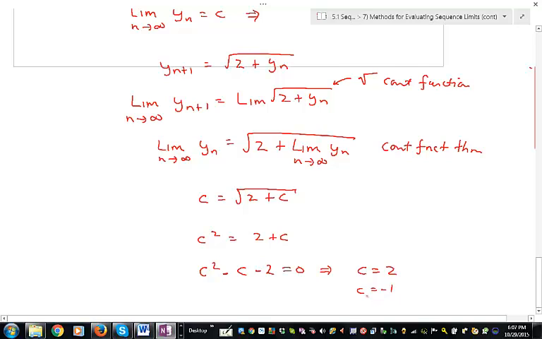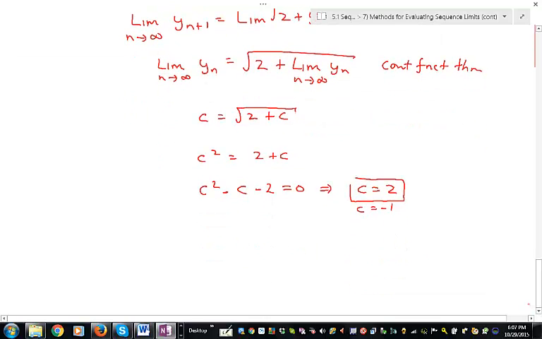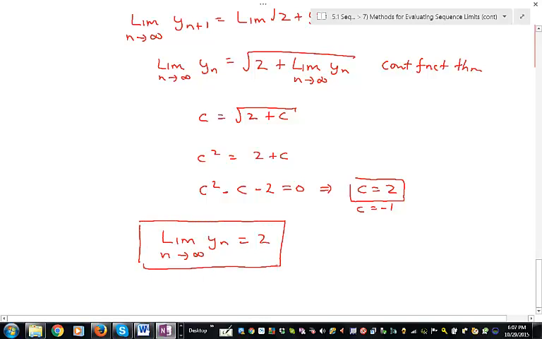We know that it can't converge to minus 1 because the whole sequence is bounded below by 0. Therefore, this has to be the limit. And it's not surprising because we knew it was bounded above by 2 and it was monotonic increasing, so it makes sense that it could converge to 2.